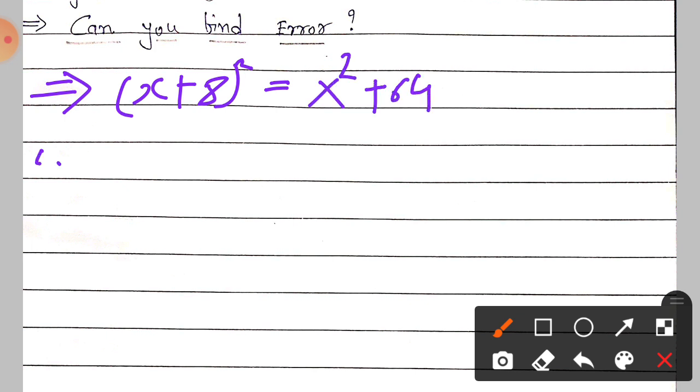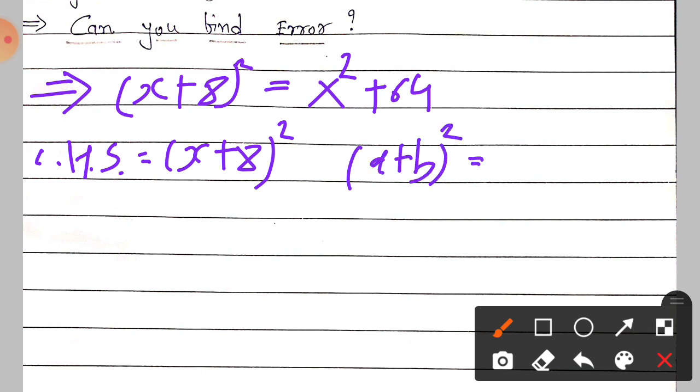Let's check it. First take LHS, x plus 8 whole square. So this is x plus 8 whole raised to 2. We can solve this algebraic expression by using identities. Which identity? Yes, a plus b whole square is equal to a square plus 2ab plus b square.